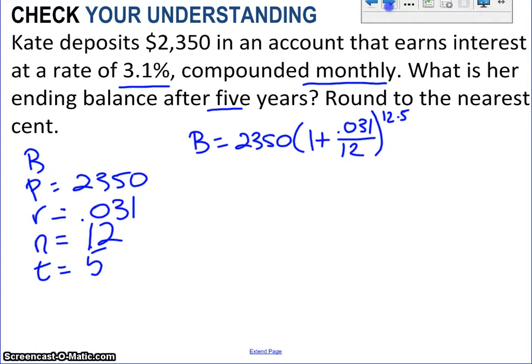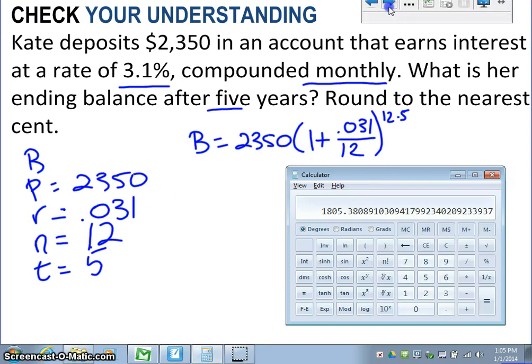So as with our first example, it's going to be really important when we use those parentheses. So hopefully when you put it into the calculator, you did 0.031 divided by 12 plus 1, and then to the power of, open parenthesis, 12 times 5.